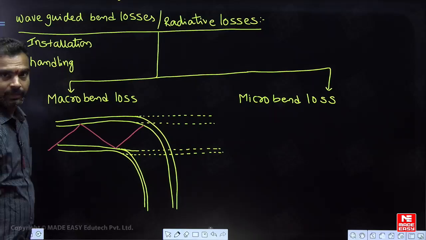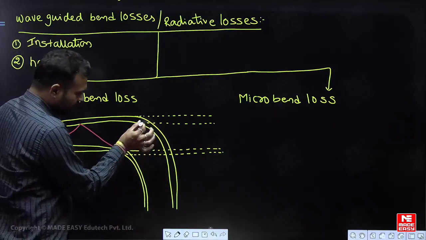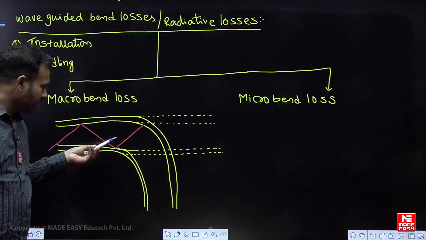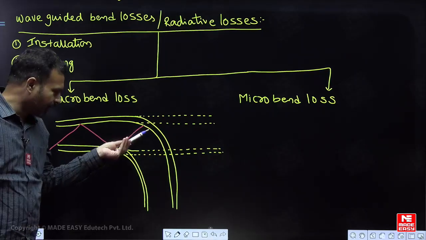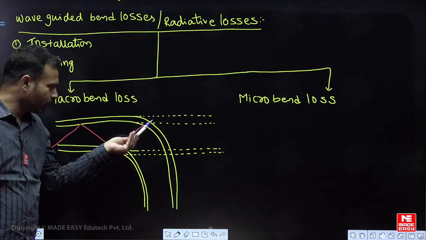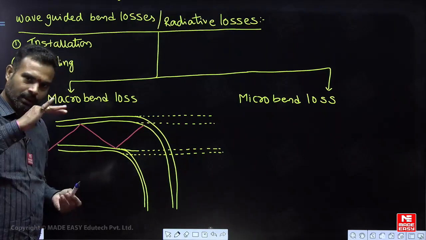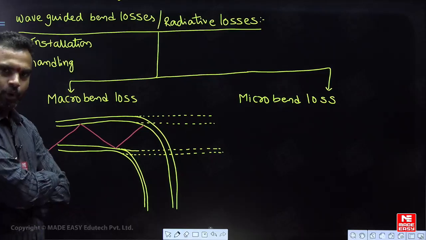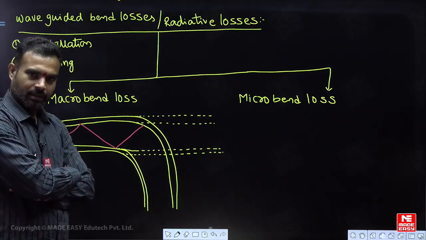At this point, because of the bending, it is not hitting the boundary between the core and cladding at the same angle.